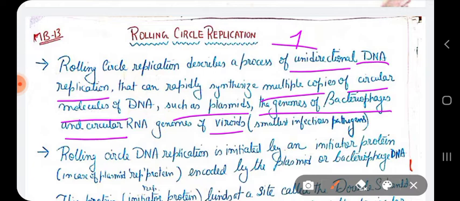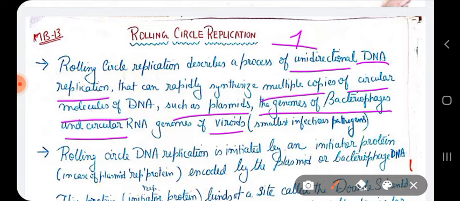These plasmids are very useful in recombinant DNA experiments as well, as you will see later on. These plasmids carry some essential genes needed by the bacterial cells, giving some additional characteristics like disease resistance. So these plasmids can go through this rolling circle mode of replication.